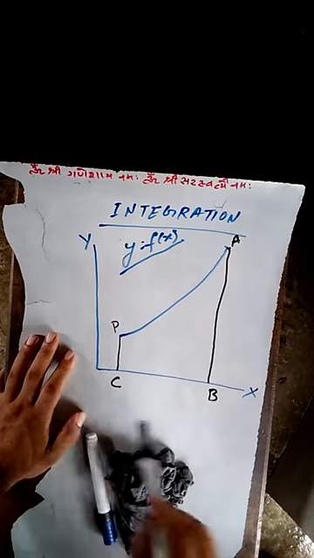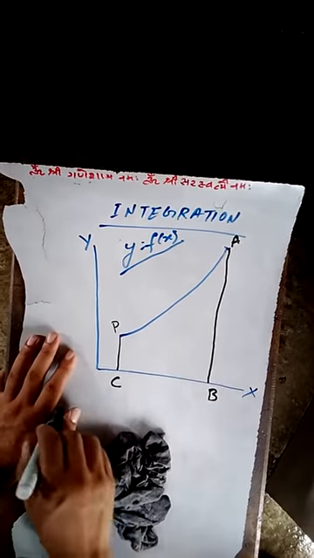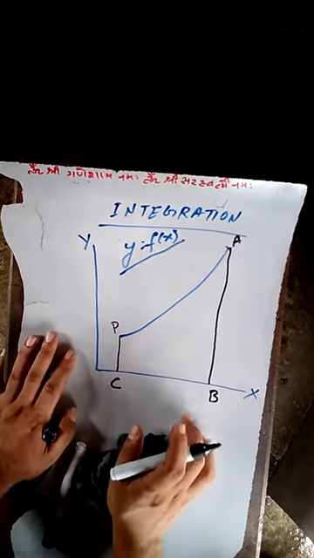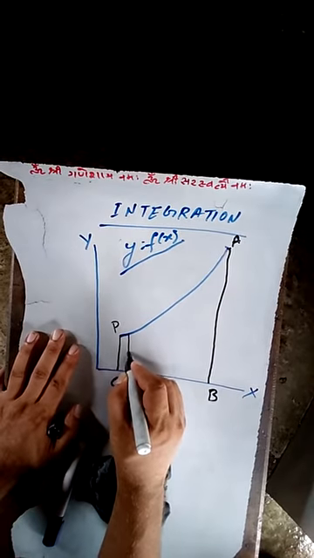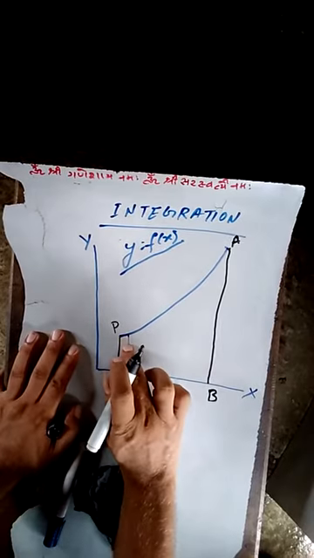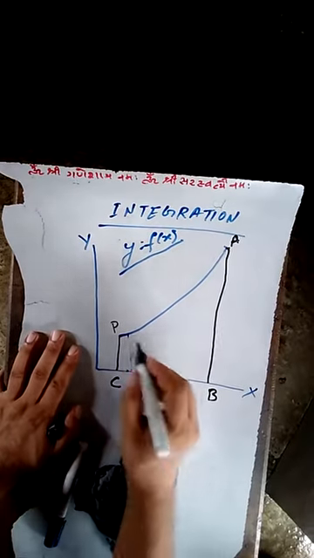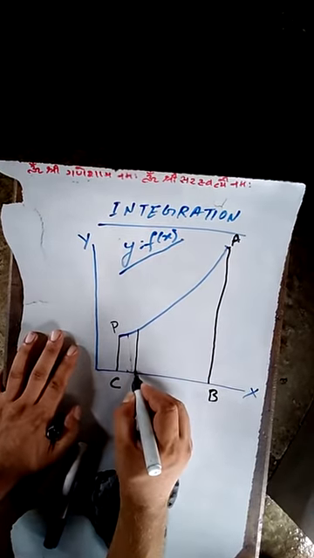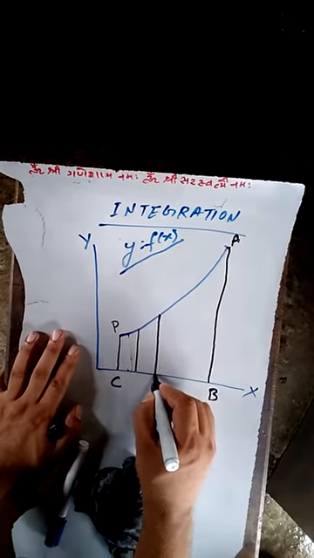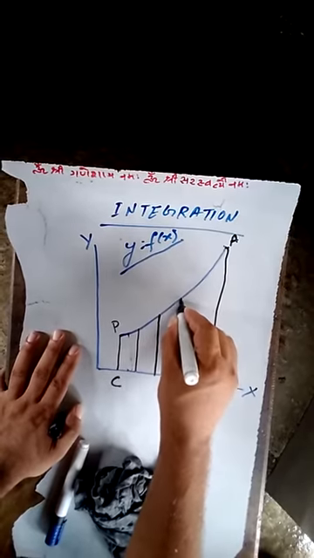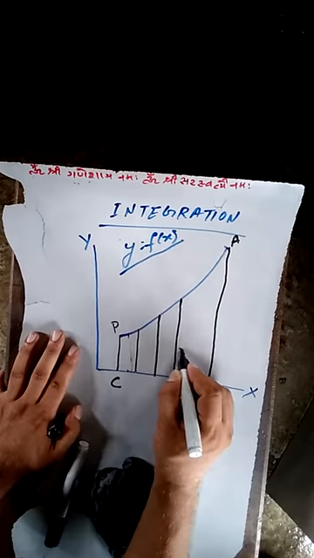So for that, we split it. We draw n number of strips. We divide this whole area into n number of strips. This is the first, this is the second, and this is the third, and so on.